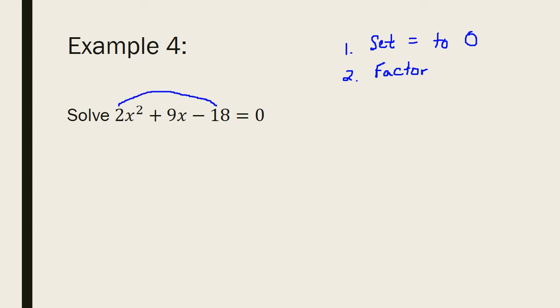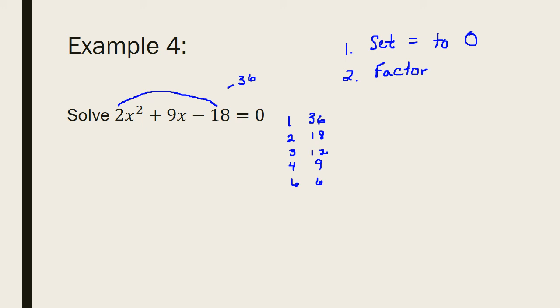So let's go ahead and factor that. So we need to multiply 2 times negative 18. That gives me a negative 36. Now I'm going to list the factors of negative 36. Got 1 and 36, 2 and 18, 3 and 12, 4 and 9, 5 doesn't go in, and we've got 6 and 6.